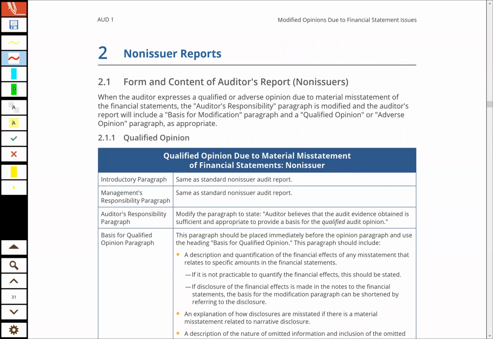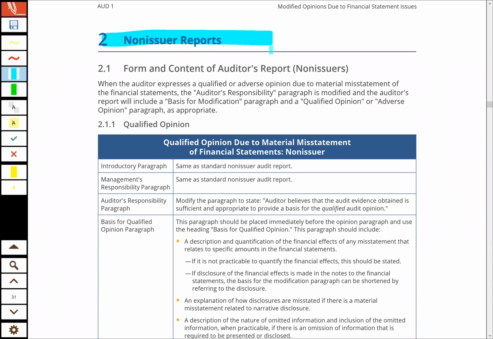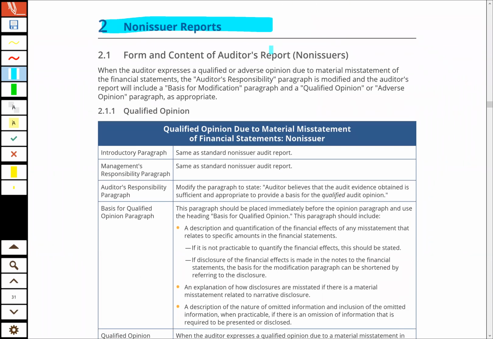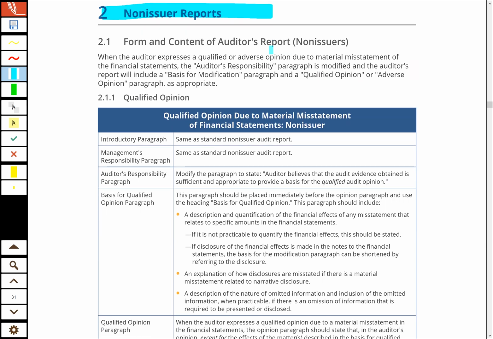This is where we start to get into this approach of, well, we've got the unmodified report memorized already. How are we now going to change that when we have a qualification? We'll do it for GAAP reasons, and later for GAAS reasons.